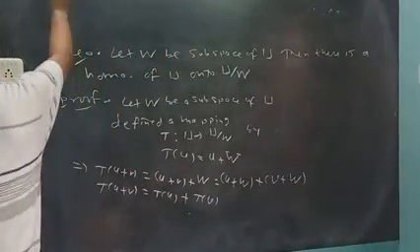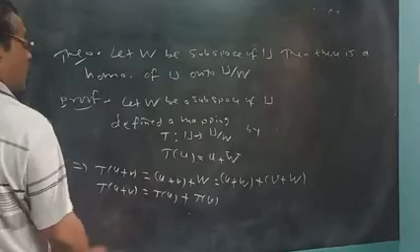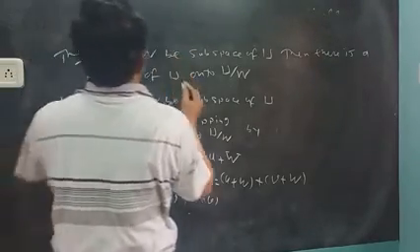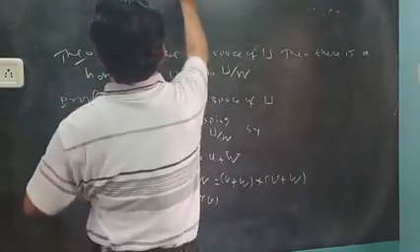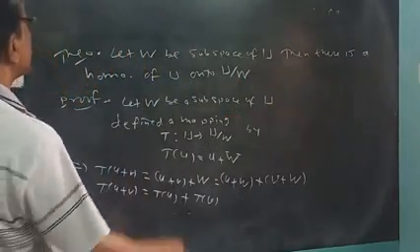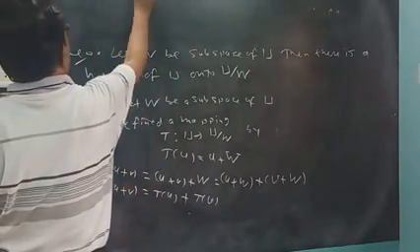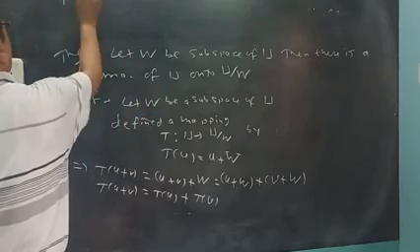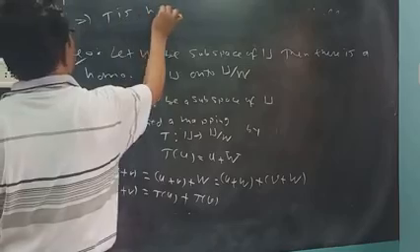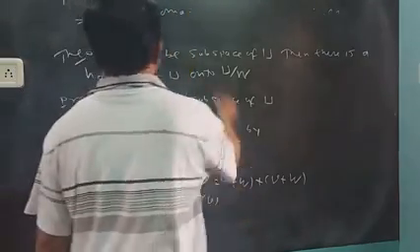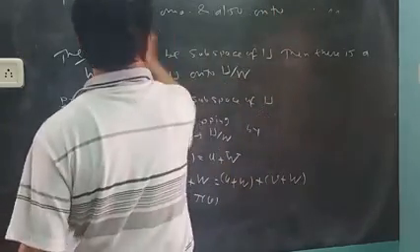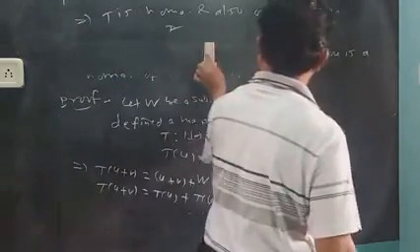Second point, T of alpha u is alpha u plus W, which is the same as alpha times u plus W, and u plus W is T of u. So both the points hold. Therefore T is a homomorphism mapping. Also onto. So therefore the proof is complete.